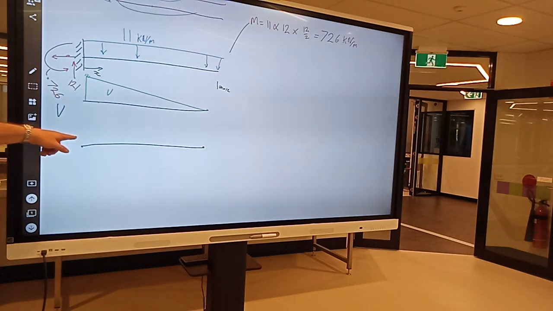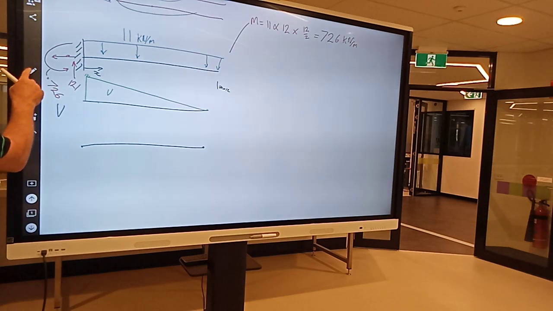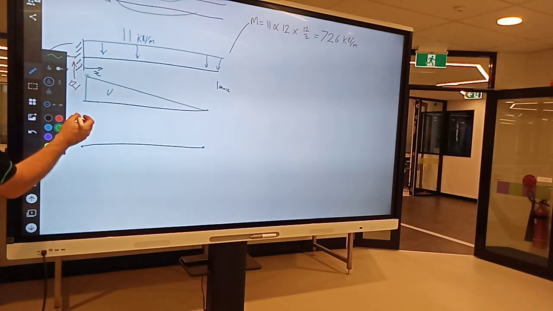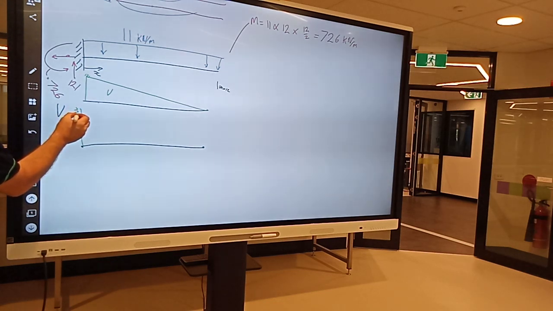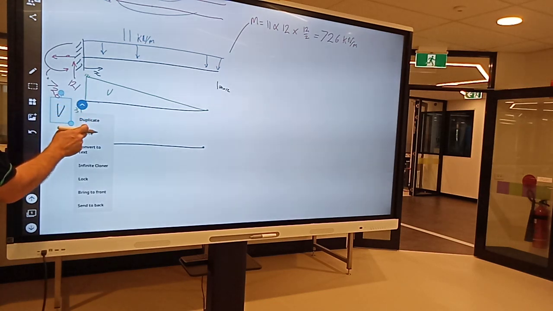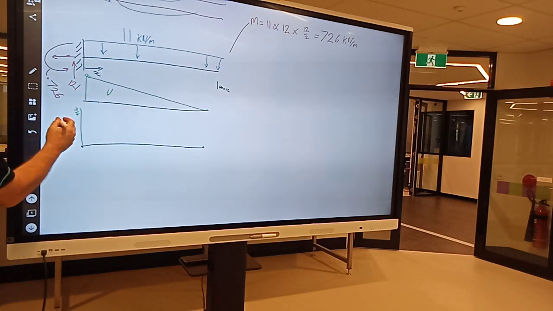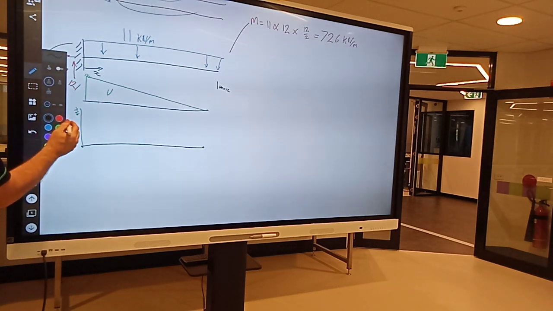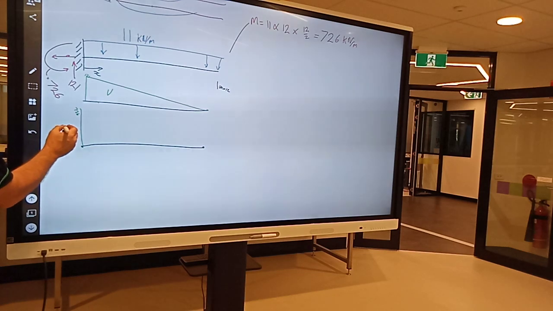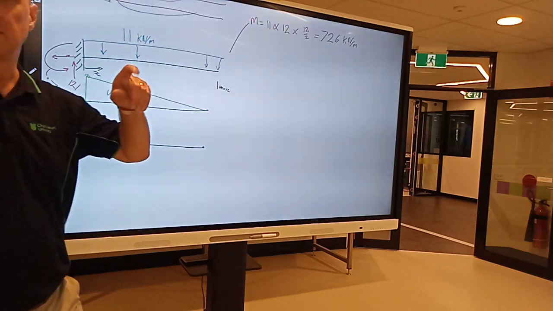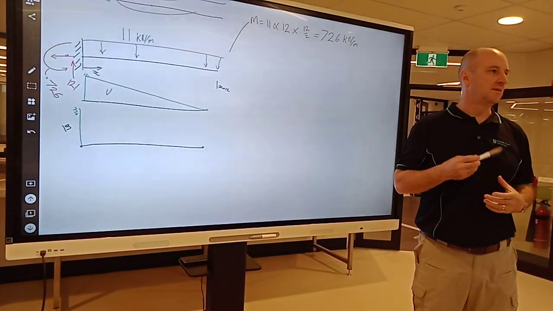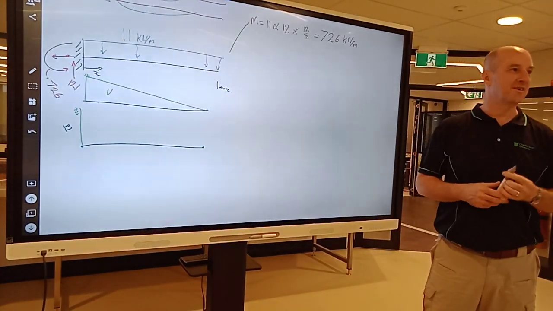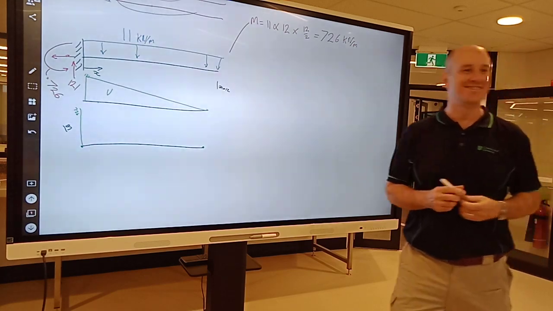What about this end? 726, very good. Alright, so we've got 726. That's V there. Okay, this is M here. And is it going to be straight or curved line? Curved, from the back, with all the confidence in the world.